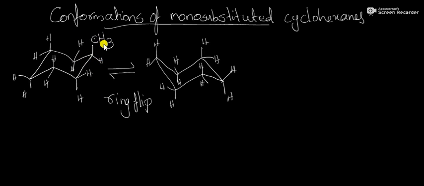If it is in the axial position, after ring flip it will convert into the equatorial position. This is another conformation of monosubstituted cyclohexane after ring flip. Here we can see that in one conformation the CH3 group is in the axial position, and after ring flip it will convert into an equatorial CH3 group.